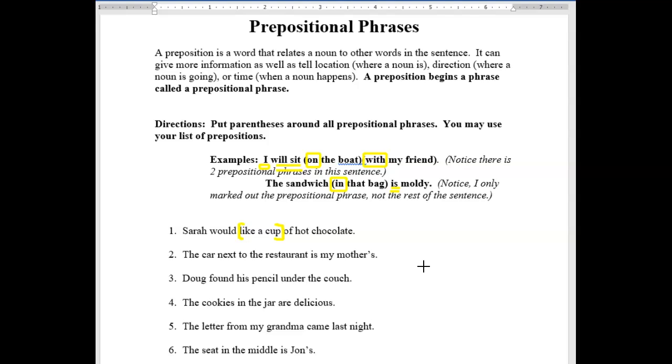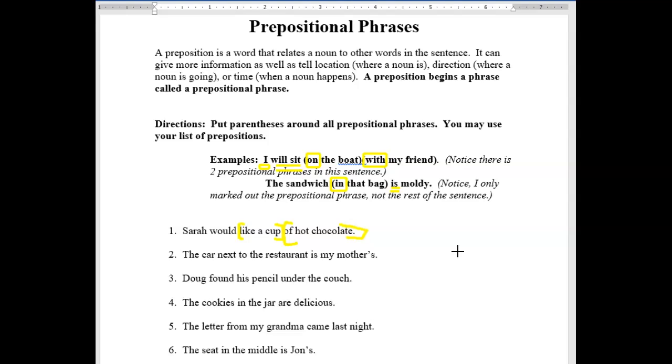Now, what about the word of? Is that on our list? Yes. So, of hot chocolate would be my, whoops, sorry, that's a little messy, next prepositional phrase. Like a cup is one prepositional phrase. Of hot chocolate would be my next prepositional phrase.